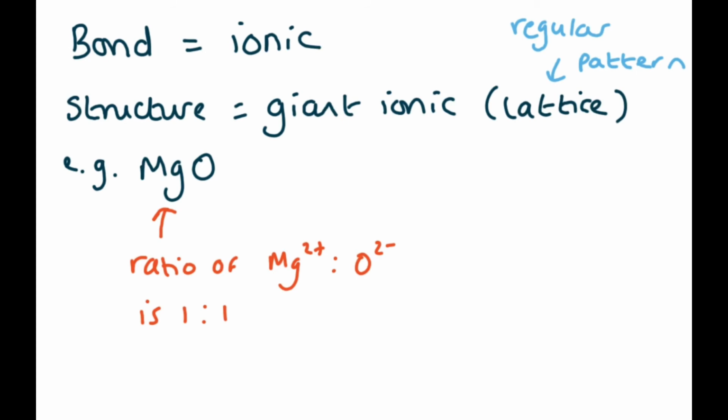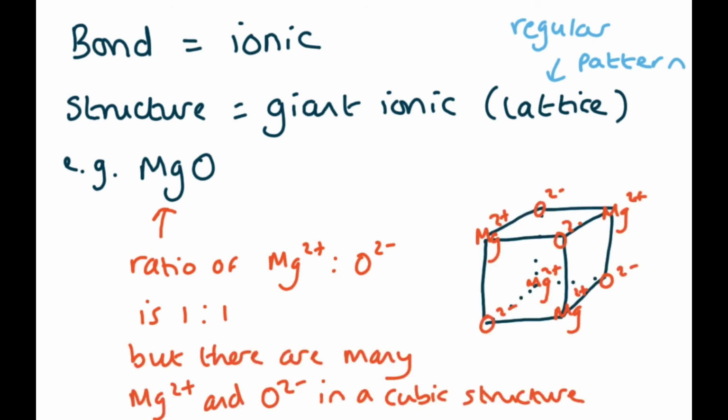So the magnesium ions to oxide ions is a 1-to-1 ratio. But actually there are many, in a giant ionic structure. There are many magnesium ions and oxide ions, in a cubic structure with the opposite charges next to each other.